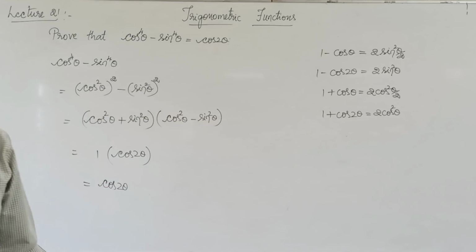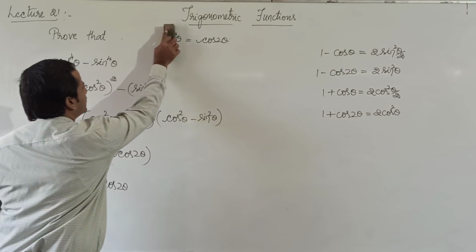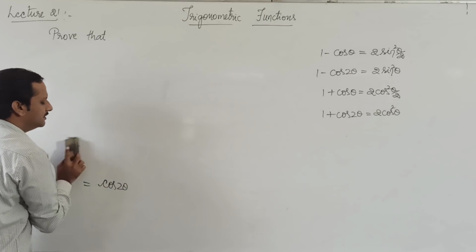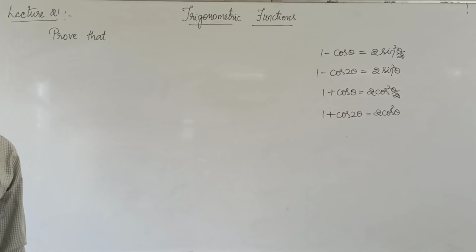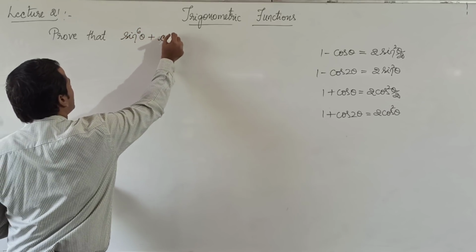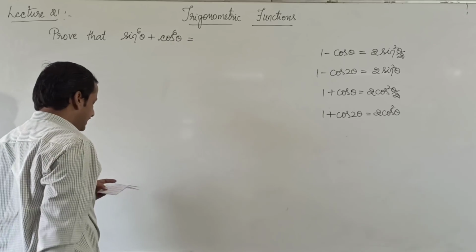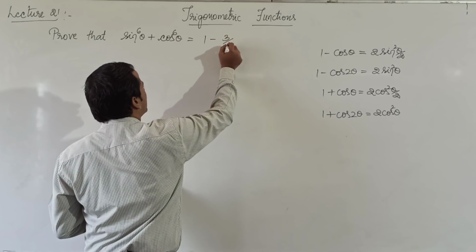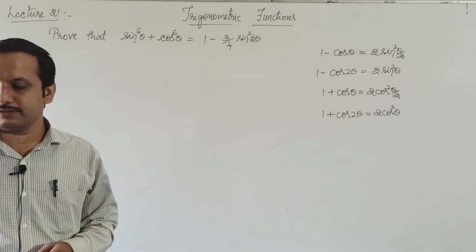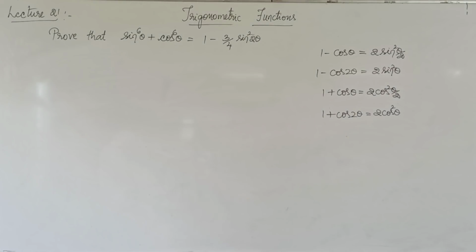Okay? Then next question, prove that sin power 6 theta plus cos power 6 theta is equal to 1 minus 3 by 4 into sin square 2 theta.